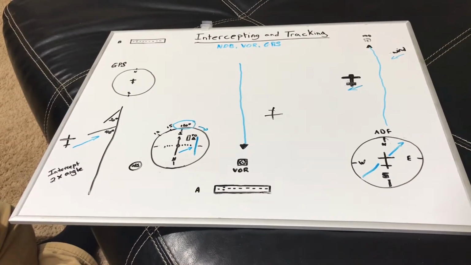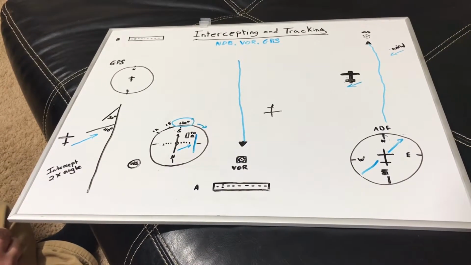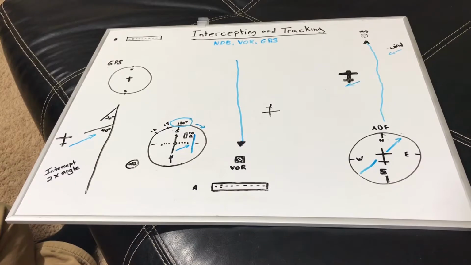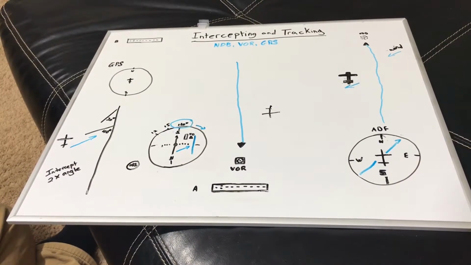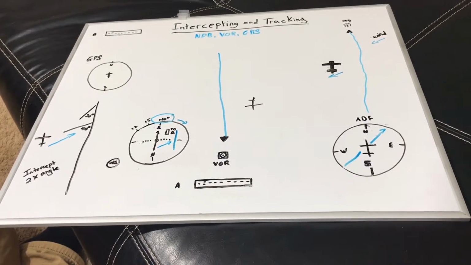GPS has a more electronic component, usually run through a flight data computer, through a digital display such as the G1000 or other advanced navigation system.